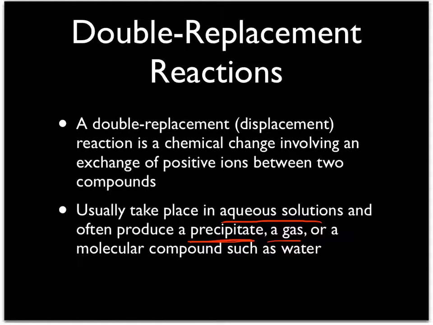A gas, so you mix these two things together, you see these bubbles. Or maybe it just forms water, forms a molecular compound like water. But one of those 3 things needs to happen in order for it to take place. Otherwise, they're just going to float around in the water and nothing's going to happen. They're just going to be there, but no new reaction is going to take place.